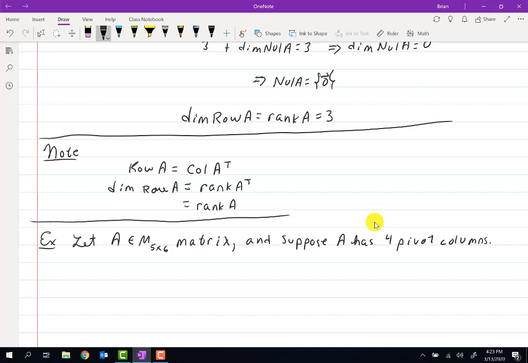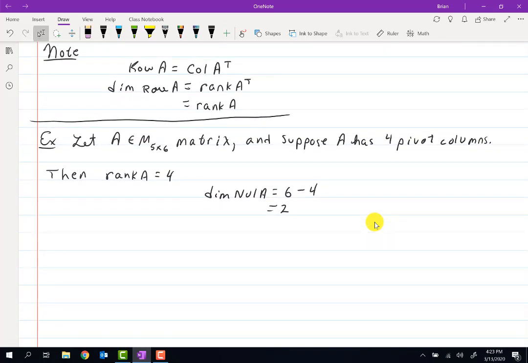Then, since it has 4 pivot columns, we know that the rank of A is equal to 4. So the dimension of the null space of A is equal to the 6 columns minus the rank of 4, which is equal to 2.